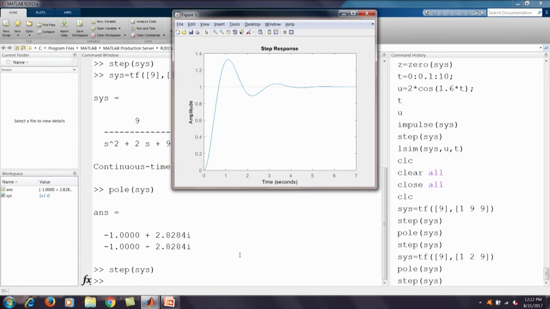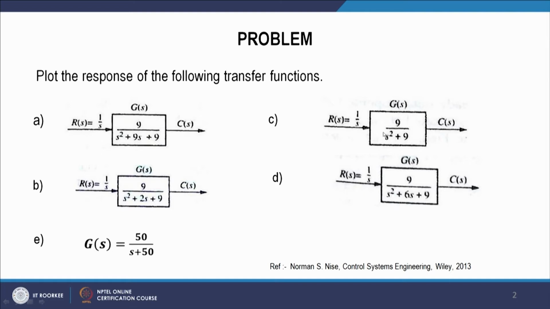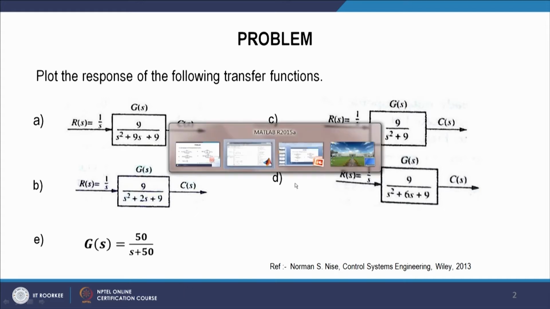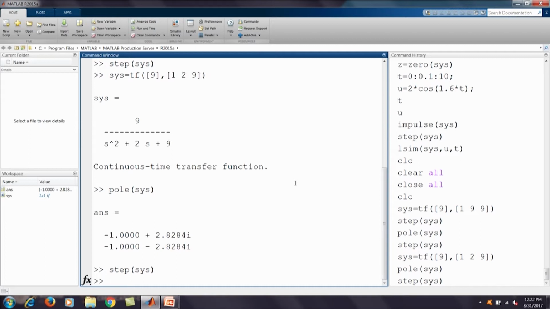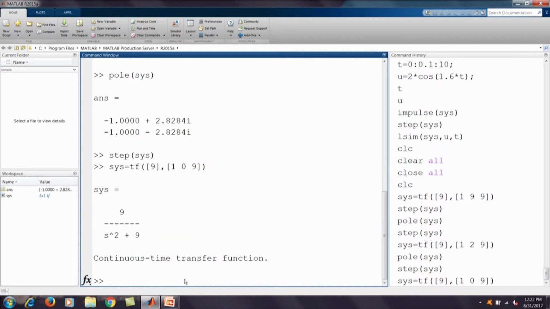Now we take the third example, 9 by s square plus 9. Here we have in the denominator 1, 0, 9. If I define the system with 1, 0, 9, this is the system, and the transfer function is 9 upon s square plus 9.